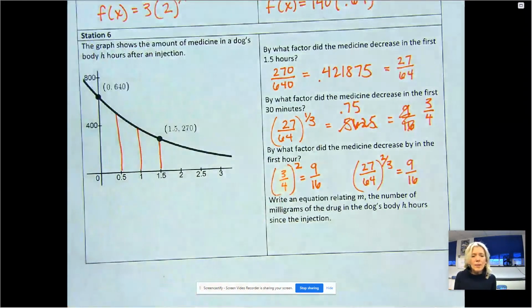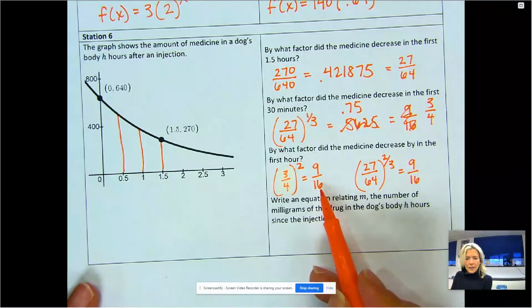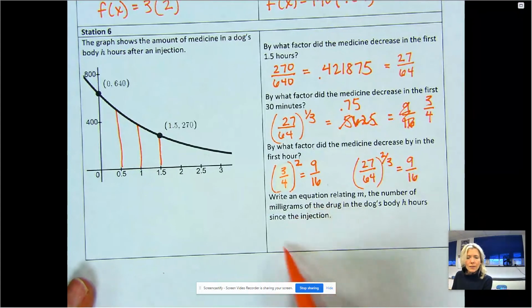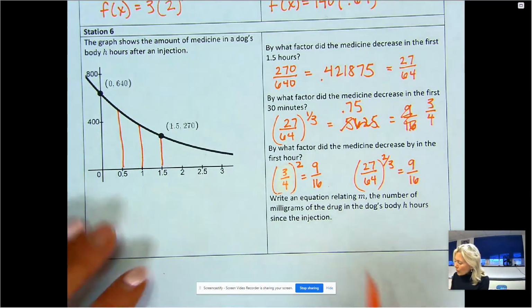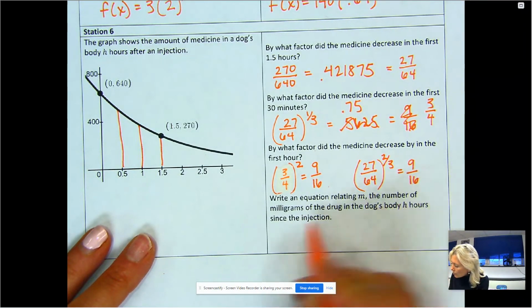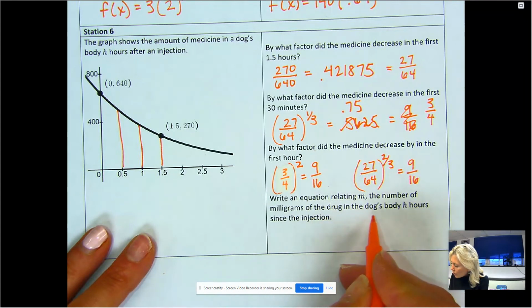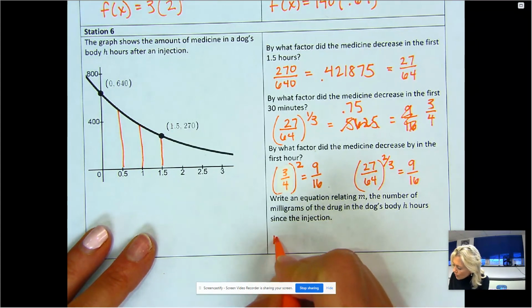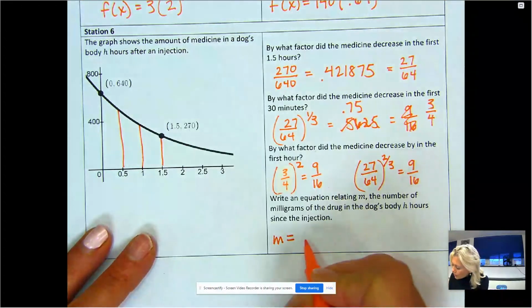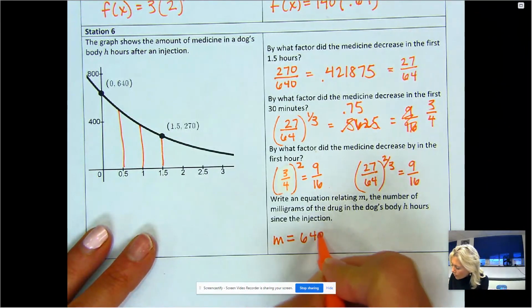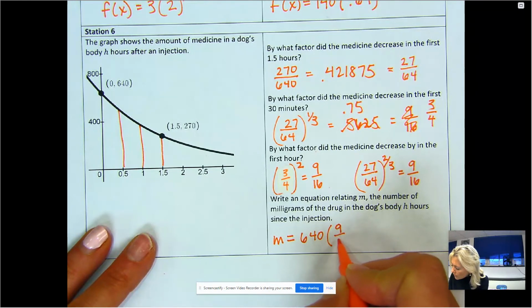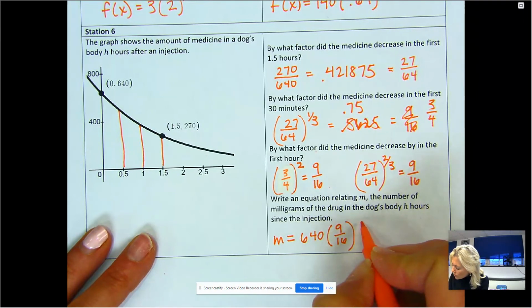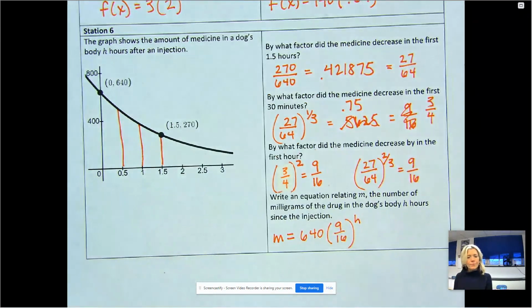So the hourly decay rate is 9/16. Now we can write an equation. So the equation relating M, the number of milligrams of the drug in the dog's body, each hour since the injection. So M equals that initial 640 milligrams times 9/16 to the H.